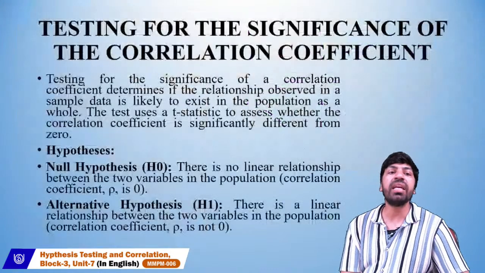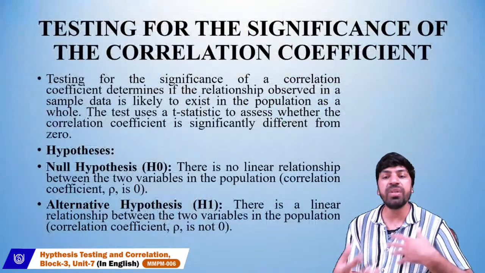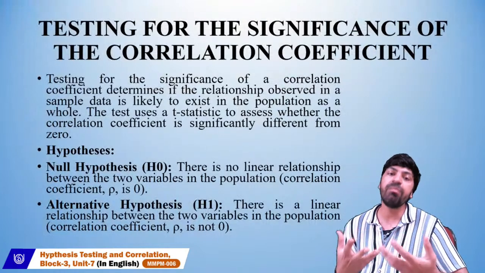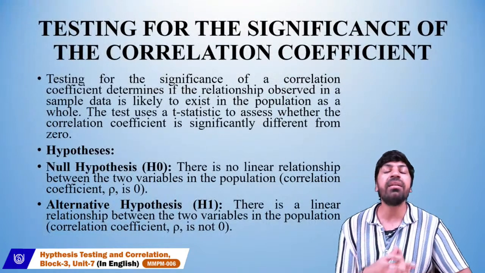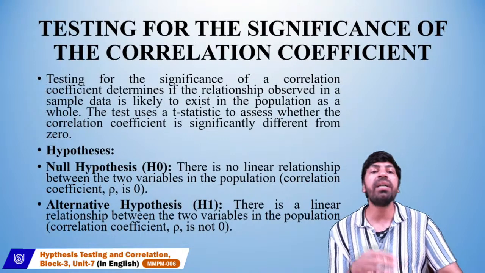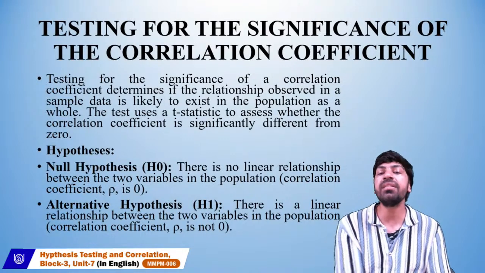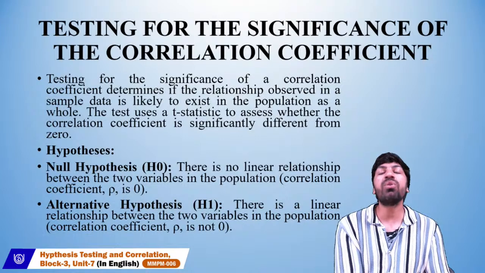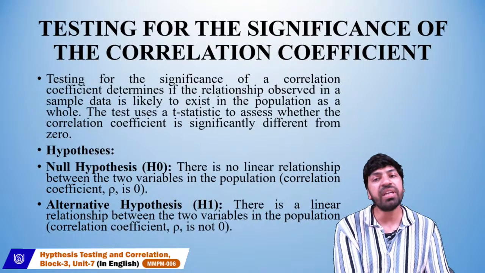Testing for significance of the correlation. Once you are testing for significance, it is very important to apply the t-test, which uses the t-statistic to assess whether the correlation coefficient is significantly different from zero or not.